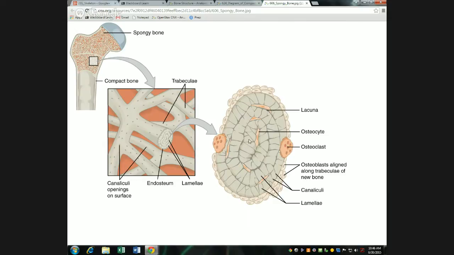And if the bone has to grow a little bit bigger, it just puts another layer on the outside. If it needs to resorb some of the tissue and release calcium, then it'll just break down the outer layer of tissue and they'll get small. So it's kind of haphazard how the lamellae are laid out here, but that's the basic structure of spongy bone.